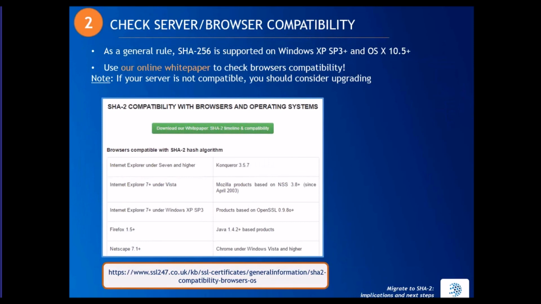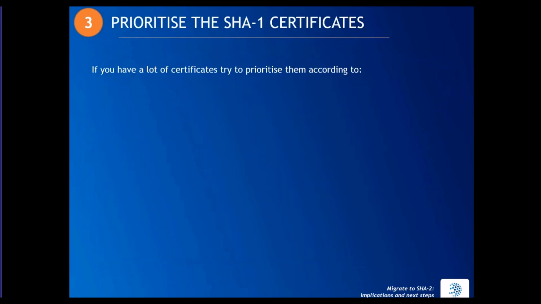Most of the times when some of our clients come to us asking whether their server is compatible or not, if it's not on the white paper, what they usually have to do is consider upgrading their servers. Okay, so be sure to upgrade your servers and your web browsers to the latest versions, whichever they have.